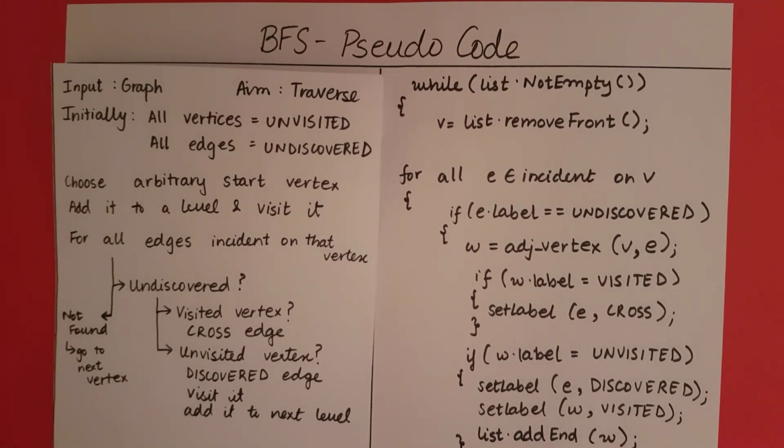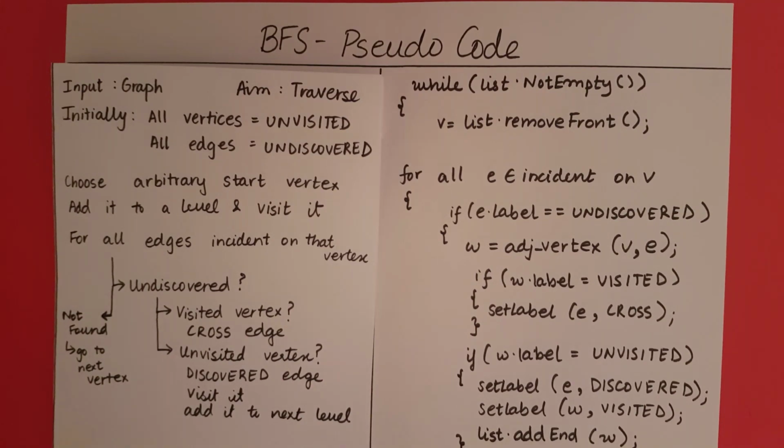So you may ask, how is this going to achieve adding W to the next level? Now, our list is a set of vertices and it contains all the vertices of level 0 followed by all the vertices of level 1 followed by all the vertices of level 2 and so on. Now every time I explore a vertex, I am removing a vertex from the front.